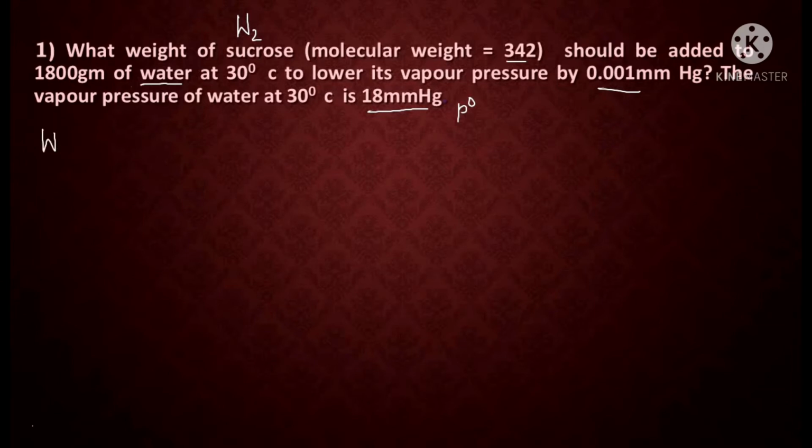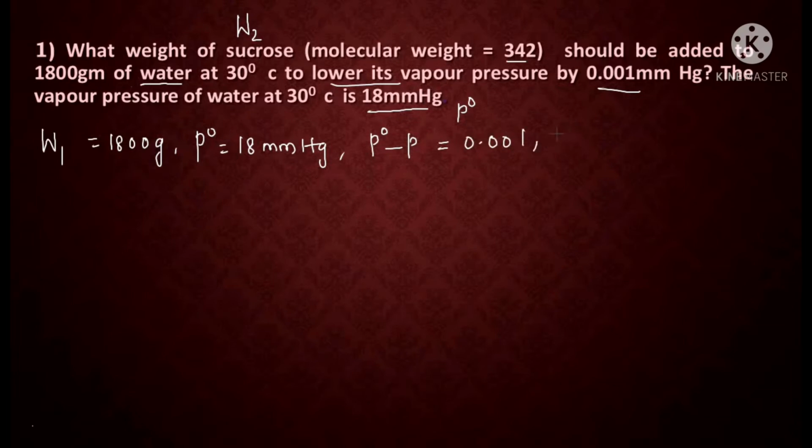So W1, what is W1? It is 1800 grams. Next, P0 is equal to 18 mmHg. And then what else is given? P0 minus P, that is the lowering of vapor pressure, is given, that is equal to 0.001, and M2 is also given, that is 342.